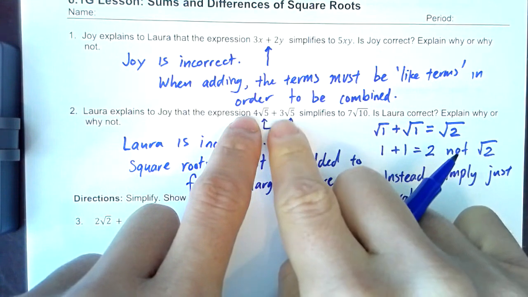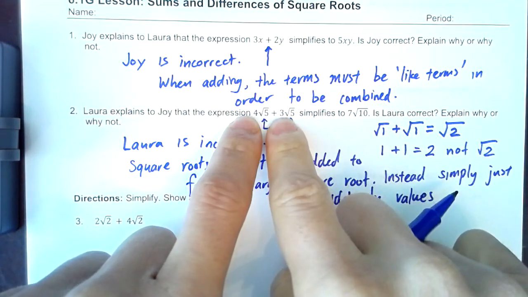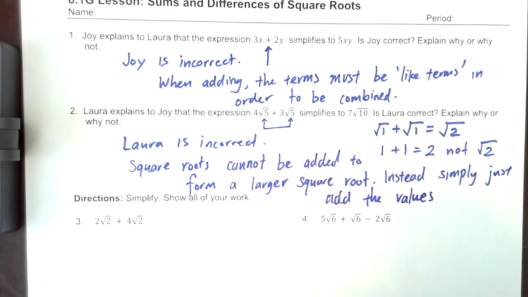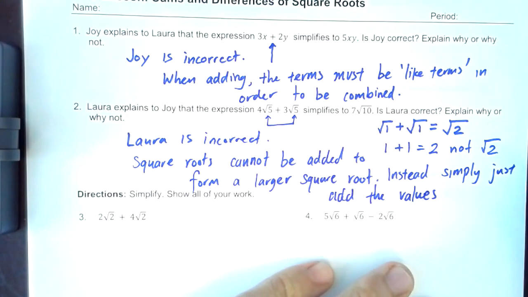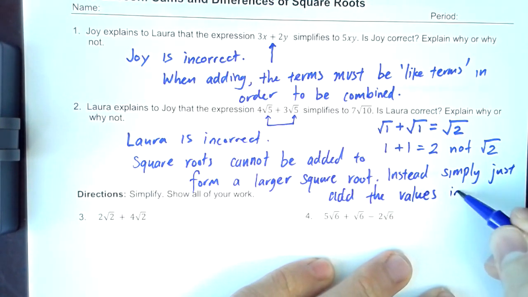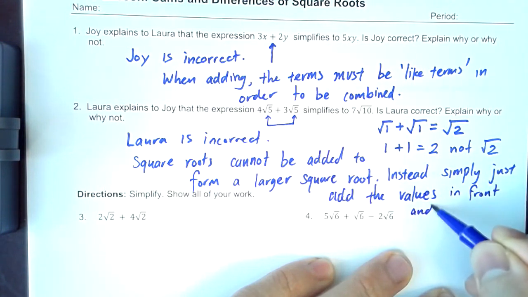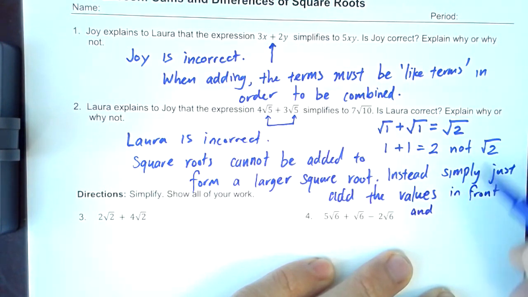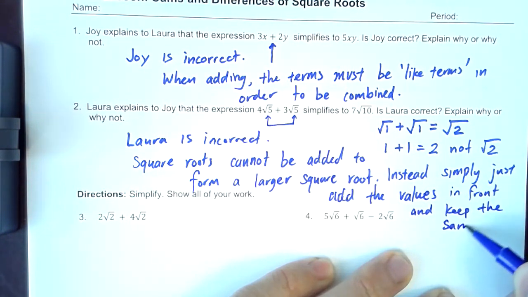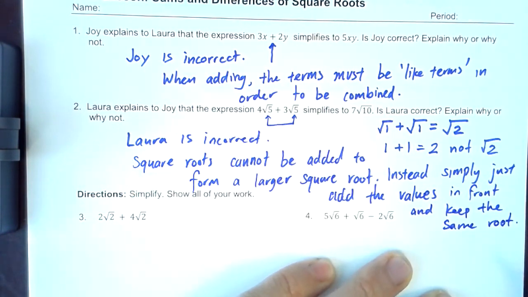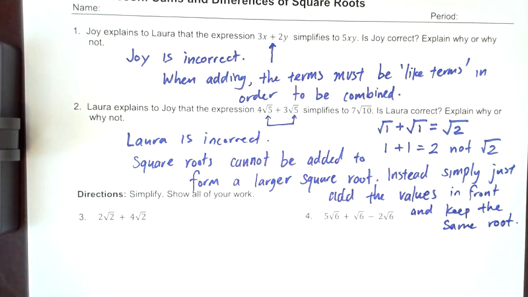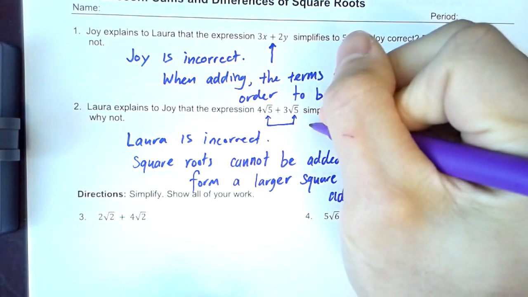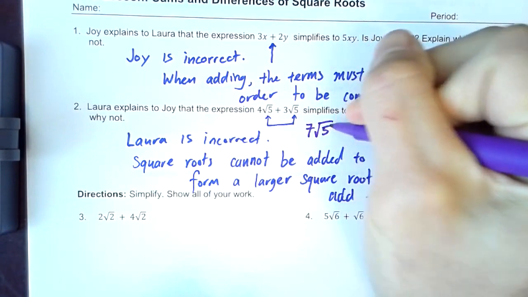You just add the coefficients or the number in front of the square root together, and then you leave the square root alone. Simply just add the values in front and keep the same root. Okay, that's a lot that I'm writing right now. I hope that makes sense. So the answer here is simply just 7 square root of 5.